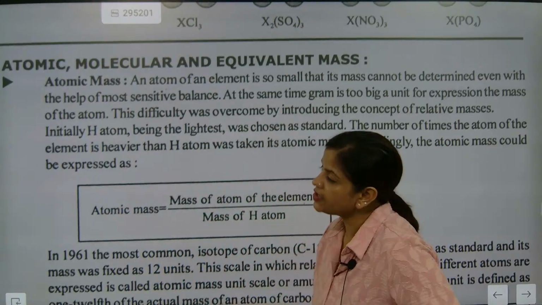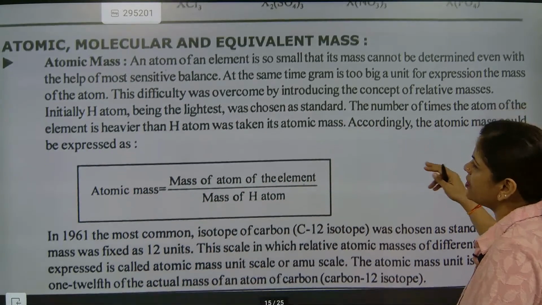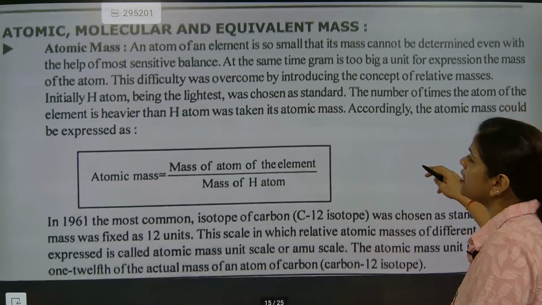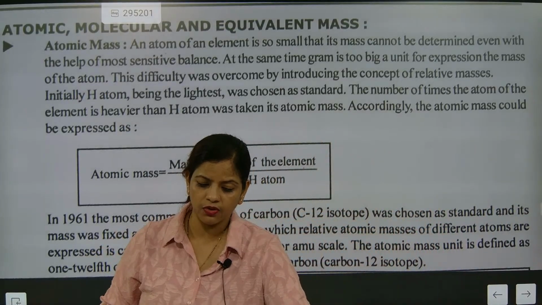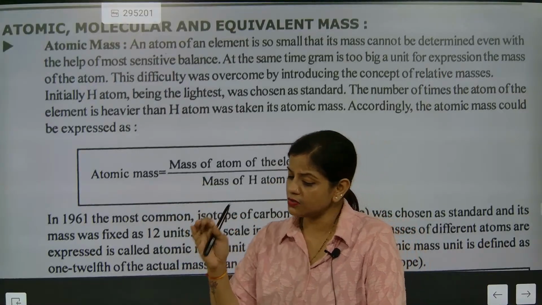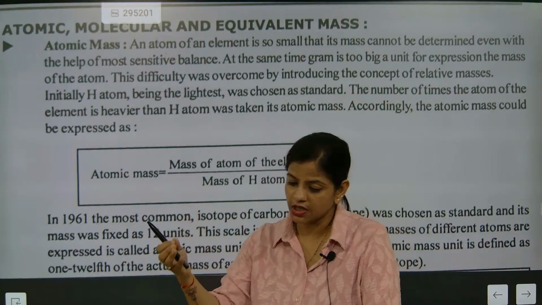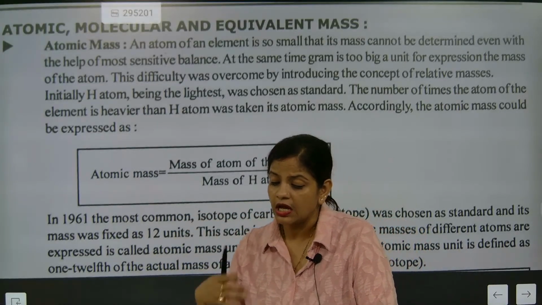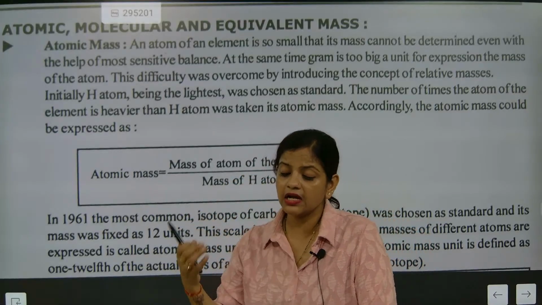Now after that, the number of times the atom of an element is heavier than hydrogen was taken as its atomic mass. Hydrogen is the lightest element, so they took hydrogen as the comparative part, and with its help they wanted to find the mass of the other elements.